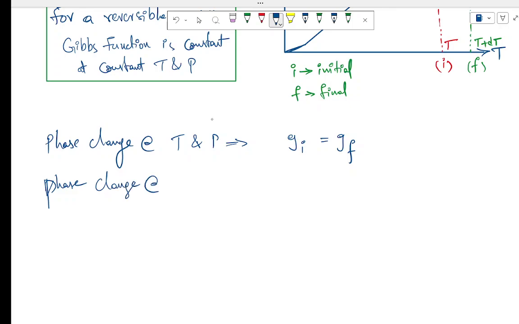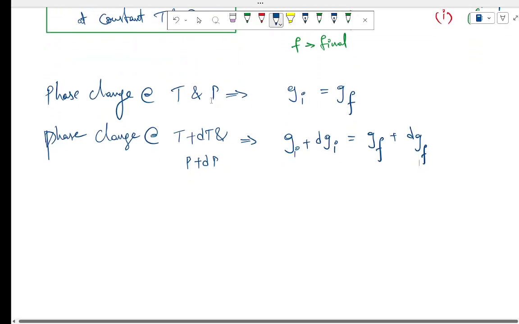And for the phase change at T plus dT and P plus dP will give you Gi plus dGi equal to Gf plus dGf. Okay, so this is what I have.